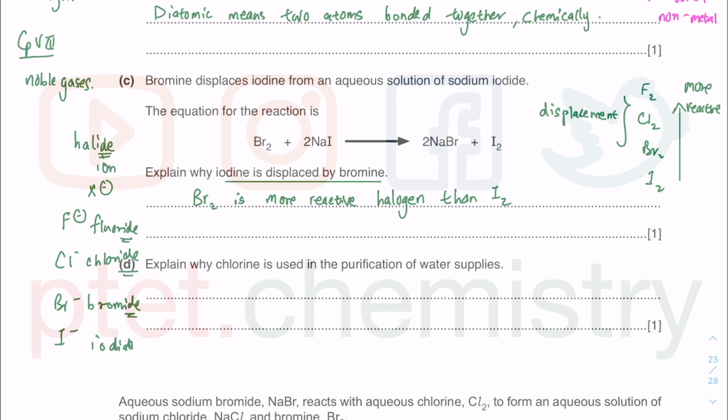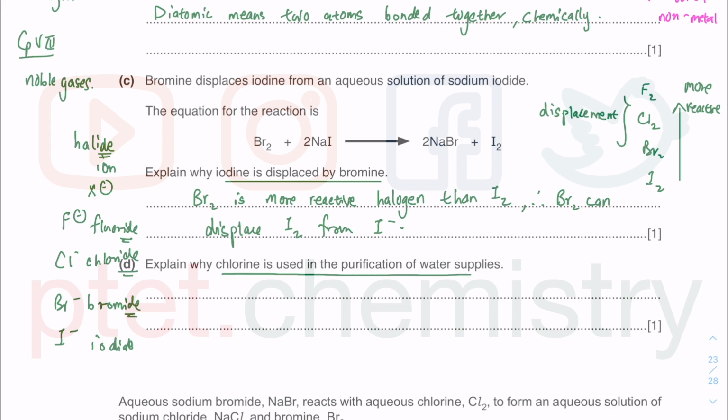Therefore, Br2 can displace I2 from I minus. The fact that I2 is at the very bottom means that I2 is the least reactive. So if you have I2 plus Br minus, you will not have any reaction. I2 plus Cl minus, no reaction. I2 plus F minus, no reaction whatsoever.